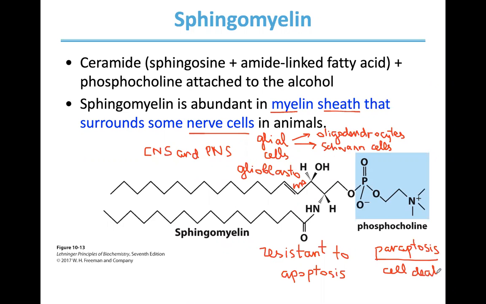And hopefully glioblastoma cells will be susceptible to this, and we can successfully treat brain cancer. So see, it's all related, right? Biological systems, just like we talk about a lipid, a common lipid sphingomyelin, and you can see just through a short discussion, we're talking about the deadliest brain cancer there is, or the deadliest type of cancer there is.